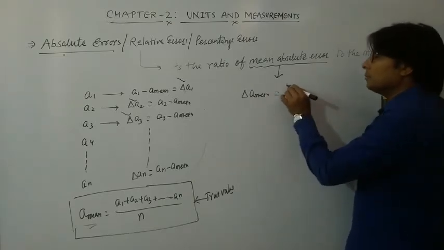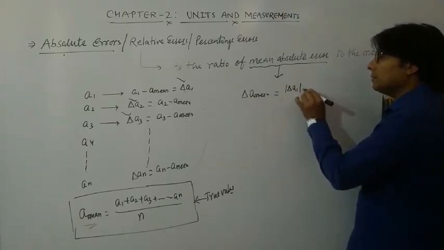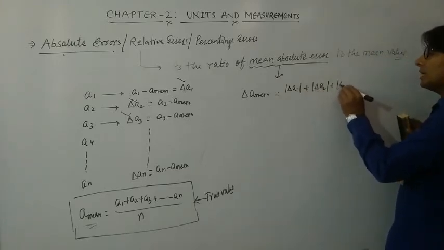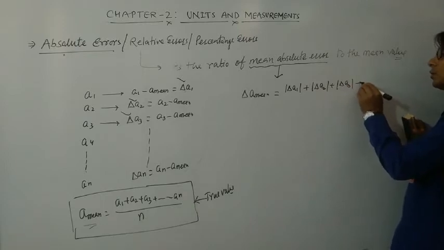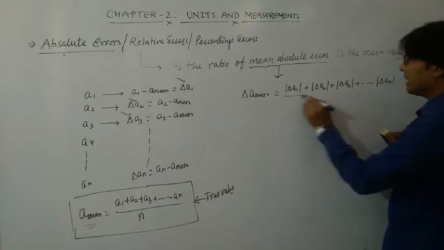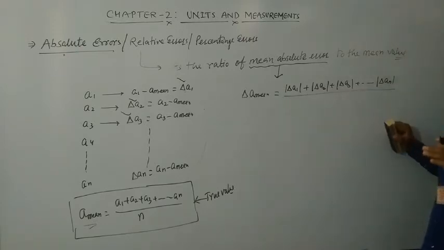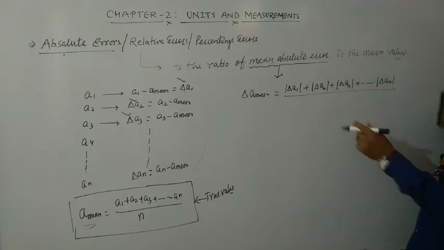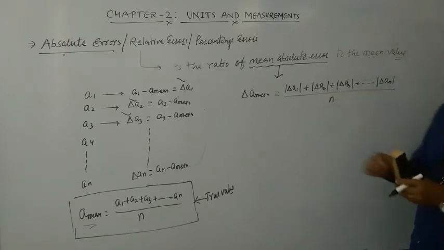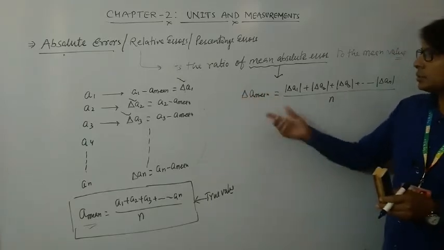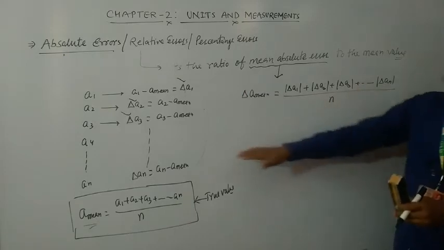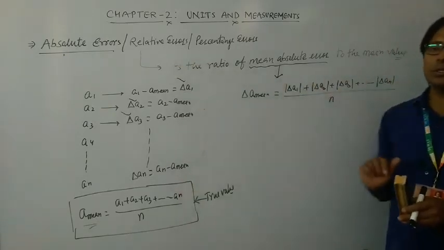Mod of delta A1 plus mod of delta A2 plus mod of delta A3 and so on up to mod of delta An. We have to take the magnitude of all these absolute errors, and thereafter calculate the mean value of those absolute errors. This is how delta A mean is calculated.